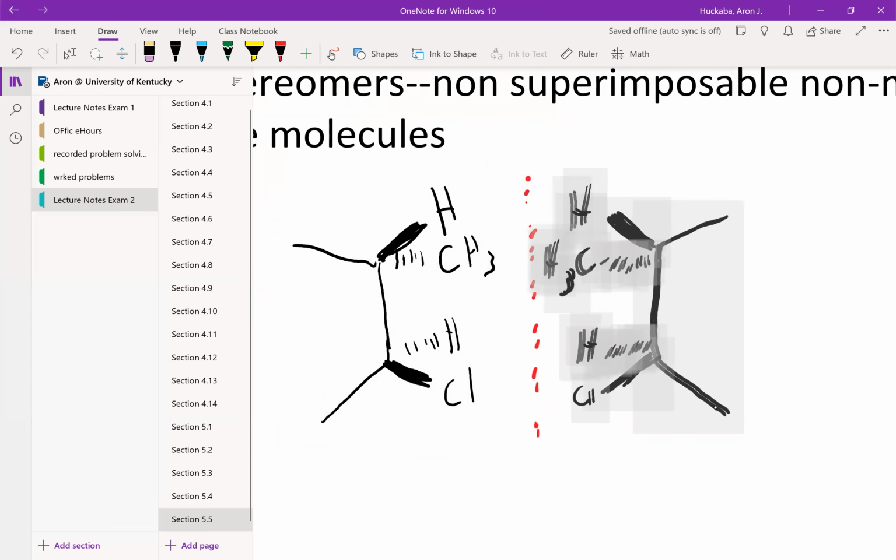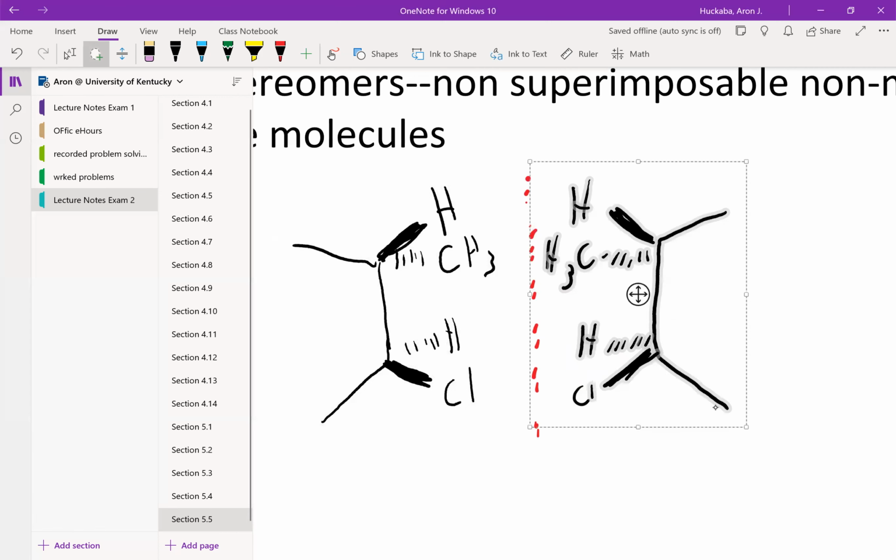So that's what makes it a non-superimposable mirror image. But since that is the enantiomer, we'll just label both of these E. Does this molecule have any diastereomers?